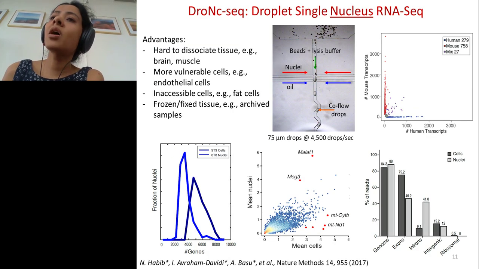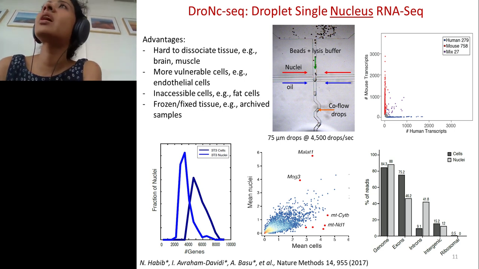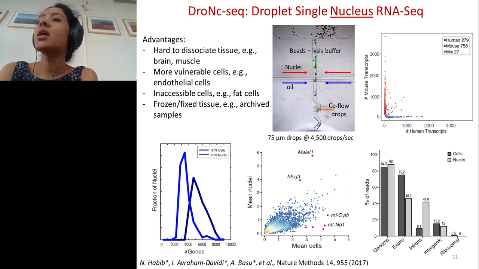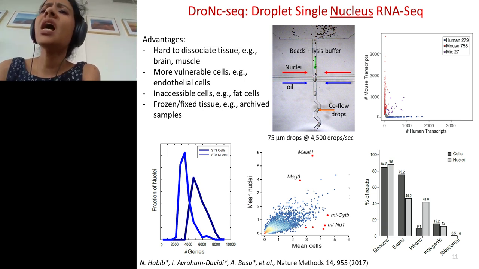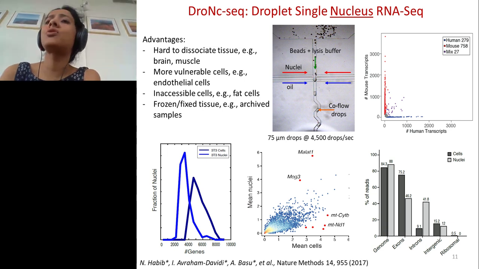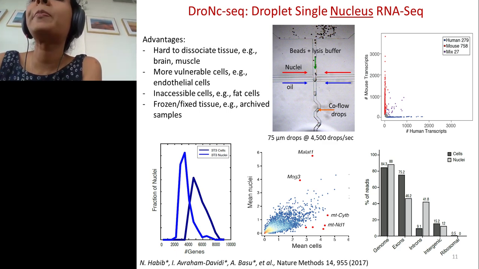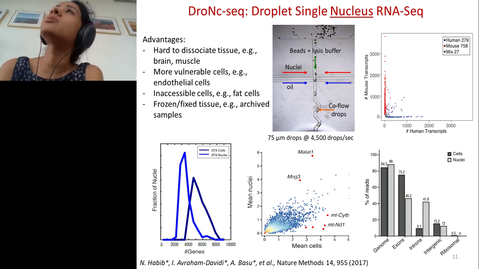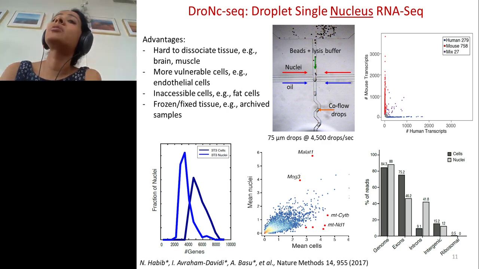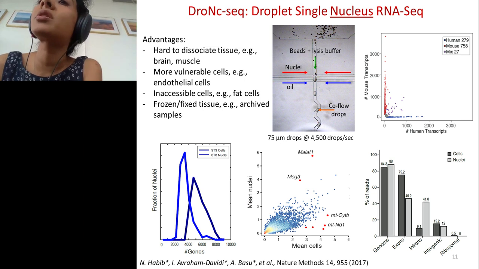Now, one of the challenges in using Drop-seq or any kind of single cell RNA-seq is that we have this problem of cell dissociation, where the quality of the experiment depends on the cell health or the dissociation quality.